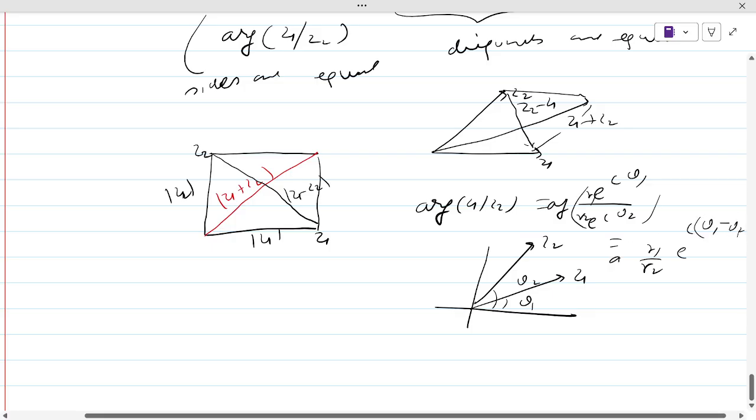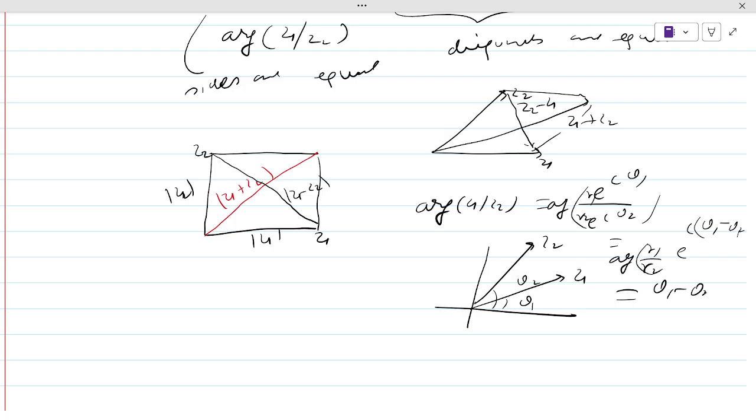The argument of this is theta 1 minus theta 2, which is the angle between z1 and z2.